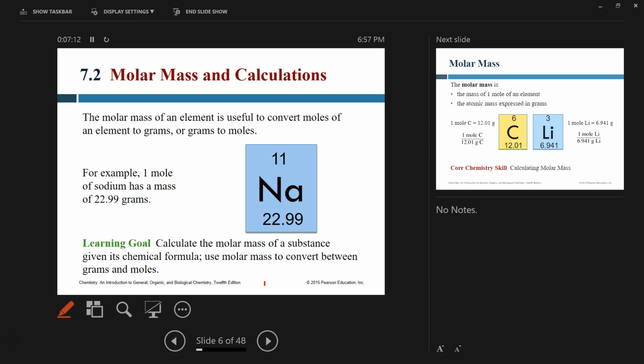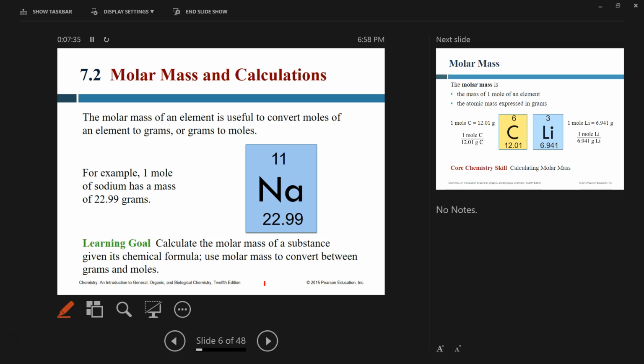Now, one atom is very, very light. Are we clear? Now, if you take 1 mole of atoms, that's a lot, right? They will have some very tangible weight, very tangible mass.